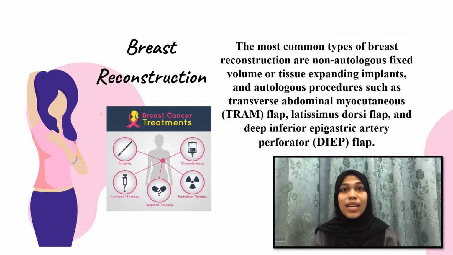The most common types of breast reconstruction are non-autologous fixed volume or tissue expanding implants, and autologous procedures such as TRAM flap, latissimus dorsi flap, and DIEP flap. Fixed volume silicone gel-filled implants are used for reconstruction of smaller breasts at the time of mastectomy if a tissue-sparing procedure has been performed.